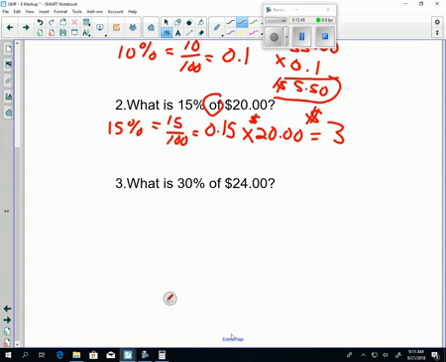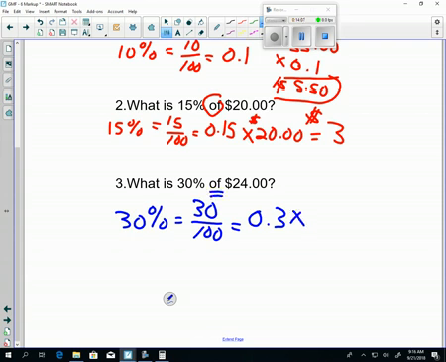And the last example for converting percent to decimals, what is 30% of 24? First thing we do is change the percent to a decimal. That's 30 divided by 100. That'd be 0.3. And of means multiply. And if we do that, we get $7.20.